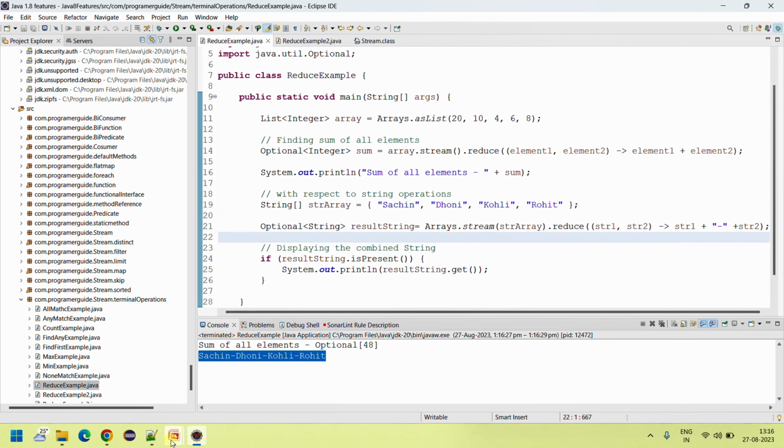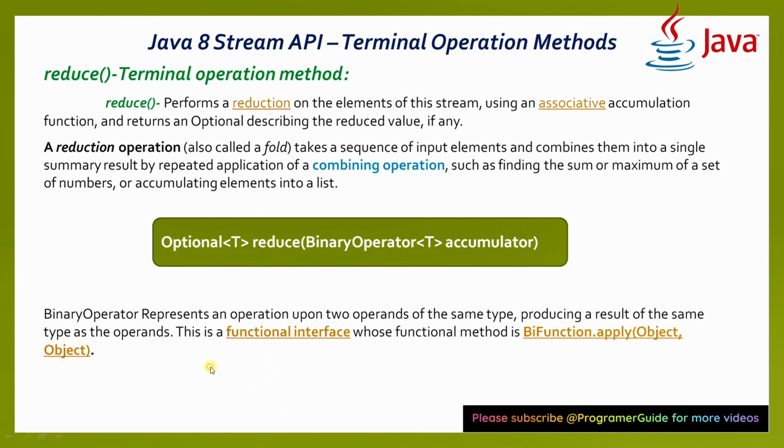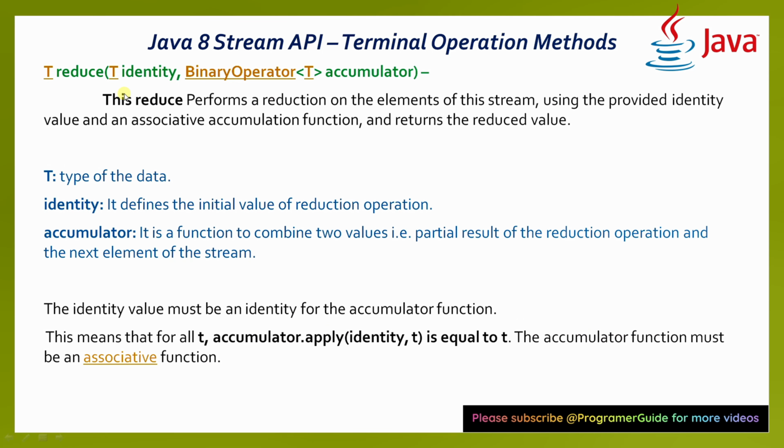Okay, coming back to the reduce operation, there is another method which takes identity and a binary operation as two input arguments and returns the reduced value. Here reduce performs the reduction on the elements of the stream using the provided identity value, and it can return any kind of data type, it can be a custom object also.